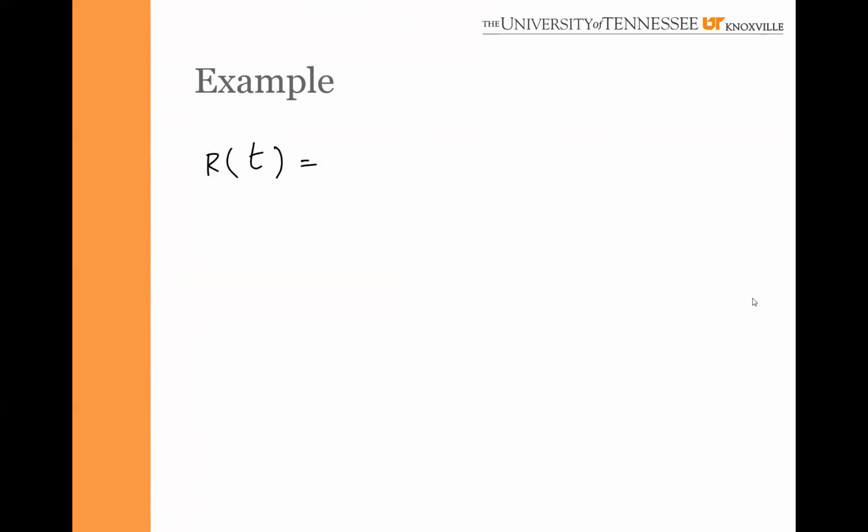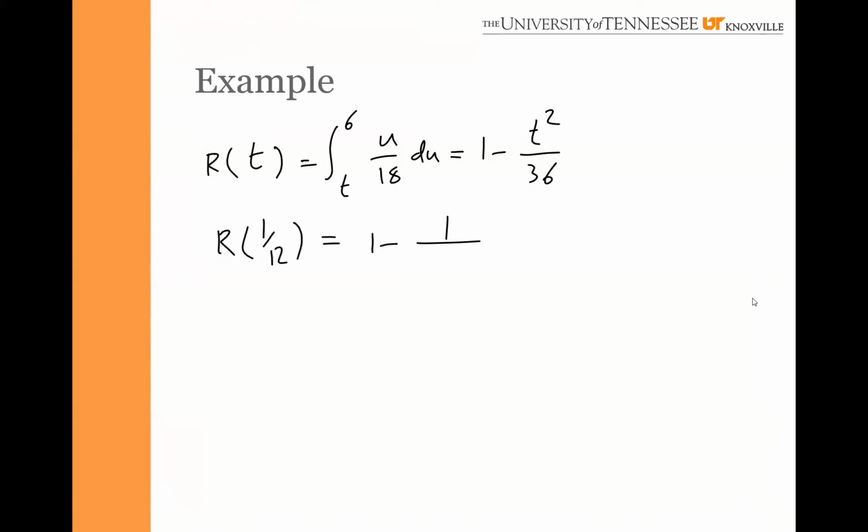So integrate from t to 6 of u over 18 du, right? And this will give me 1 minus t squared over 36. So this is my reliability function. So I plug in 1 over 12, I get 1 minus 1 over 36 times 144. I get 0.9998, whatever. That's what I get, part A.